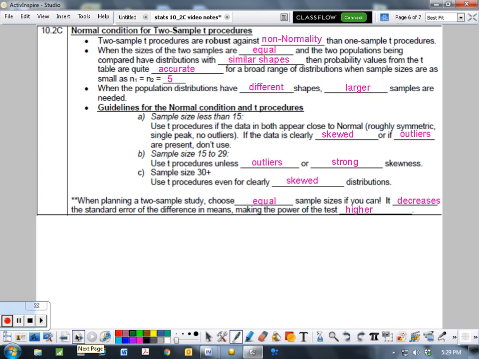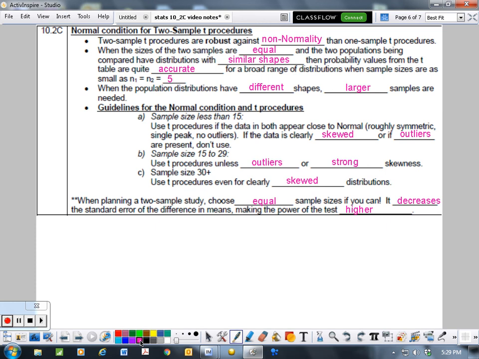Okay, normal condition for 2 sample t procedures. Cannot state this enough. The more we go over it, the more likely you are to remember it. 2 sample t procedures are more robust against non-normality than 1 sample t procedures.